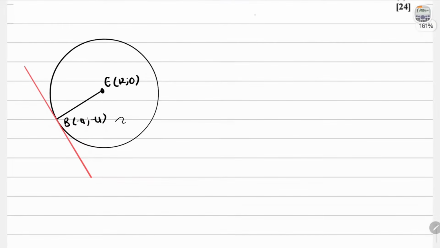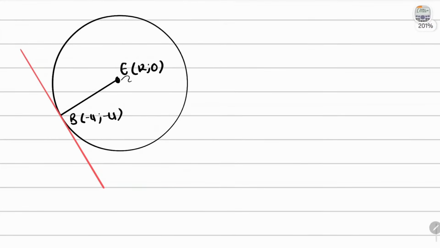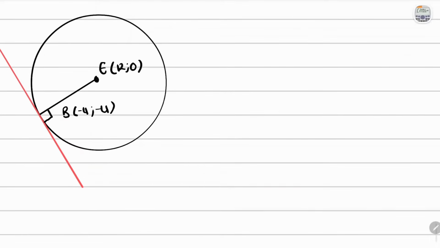So from that, you see that we have everything that we need. We can go ahead and find the gradient of the radius. And we know that because of the relationship between a tangent and the radius at the point of contact, they are perpendicular. So we can use the perpendicular properties of gradients to find the gradient of the tangent and then the equation of the tangent.